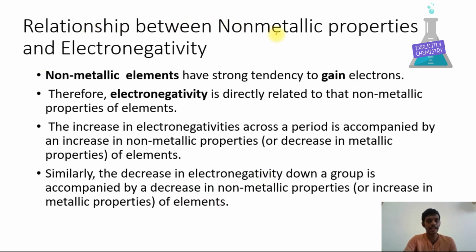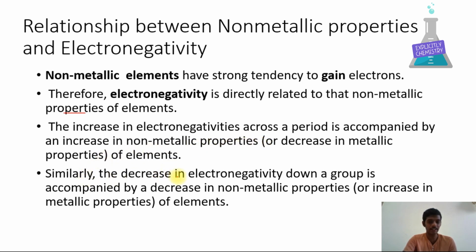Relationship between non-metallic properties and electronegativity. Non-metallic elements have a stronger tendency to gain electrons than metallic elements. Therefore, electronegativity is directly related to the non-metallic properties of the elements. The increase in electronegativity across a period, from left to right, means an increase in non-metallic properties, or a decrease in metallic properties.